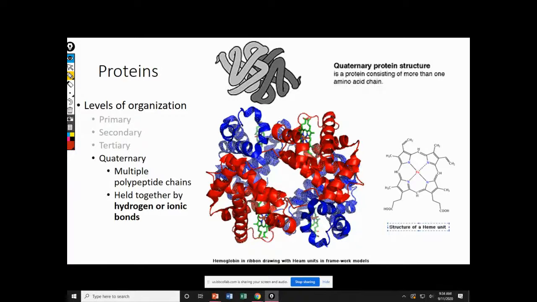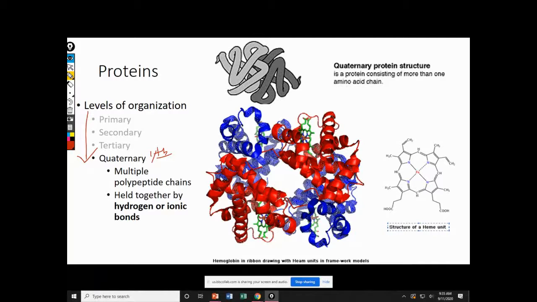So the quaternary of course just means fourth, like quarter. It means that we're taking completed third level proteins. I just want you to think about this as an additive or growing process. We're going to take those completed tertiary proteins and combine them together.